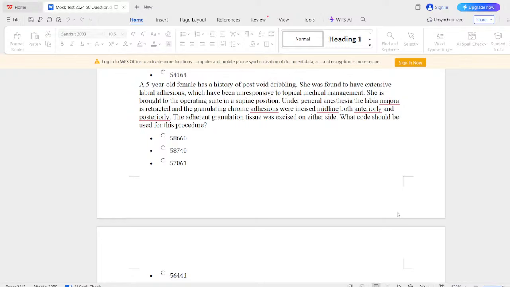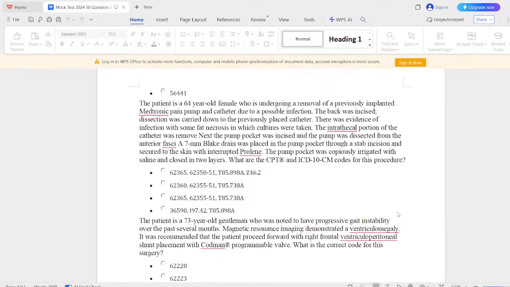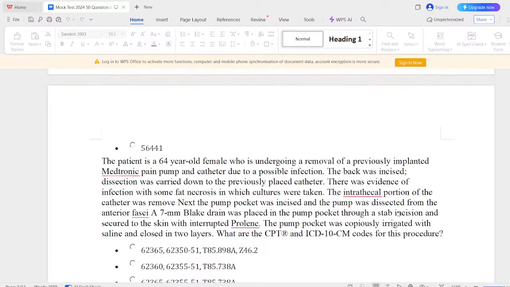Okay, correct guys. Both of you, Rasna and Akash. 56441 correct answer. What about others?